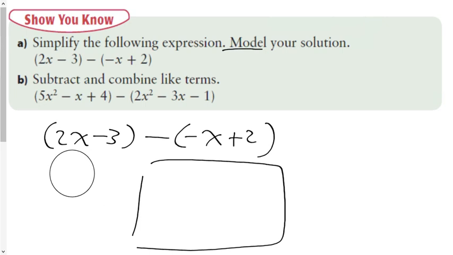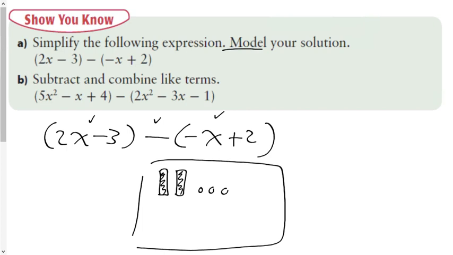So we're going to represent 2x minus 3 with an x and an x and a minus 3.